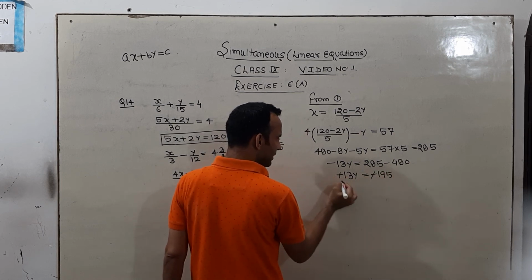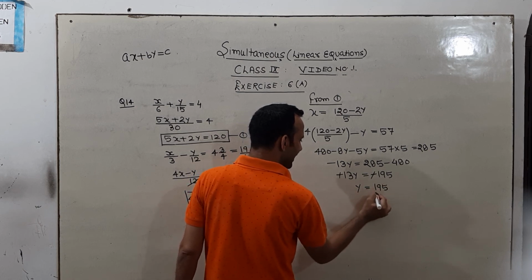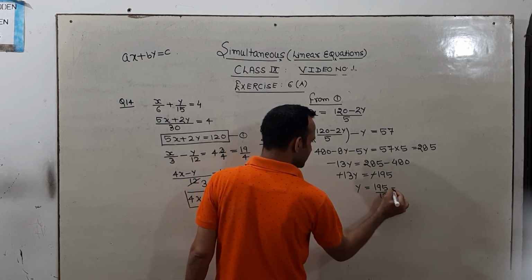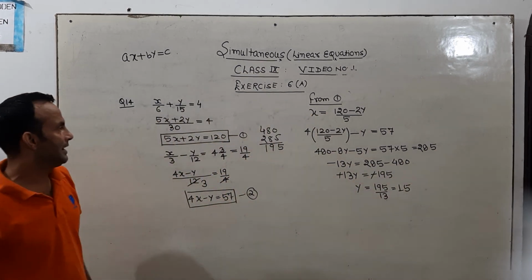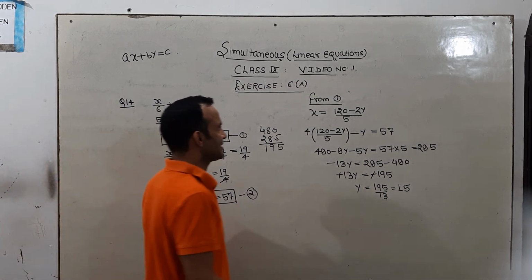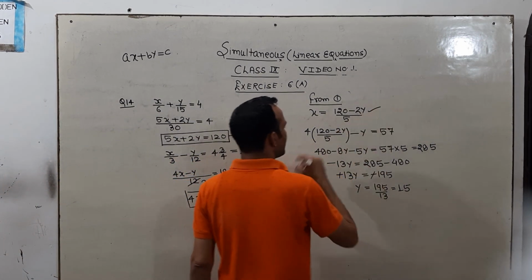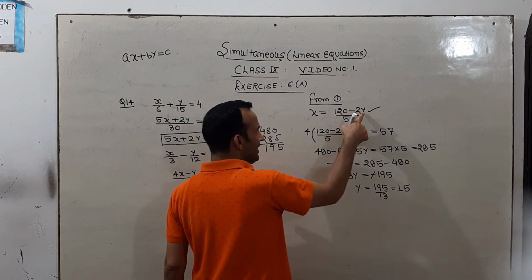Minus minus cancel. Y is equal to 195 divided by 13. Y is equal to 15. So dear students, you can see the value of y is what? 15. Now what is x? X is here 120 minus 2y upon 5. So substitute the value of y here.